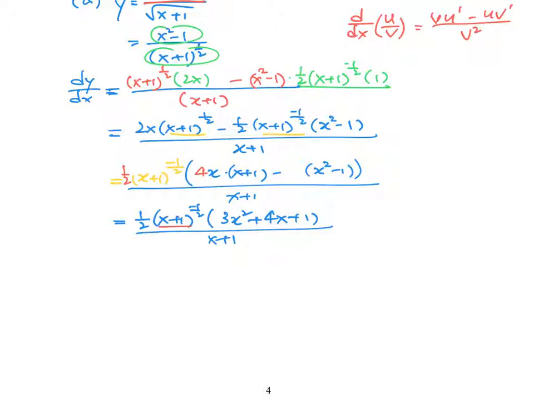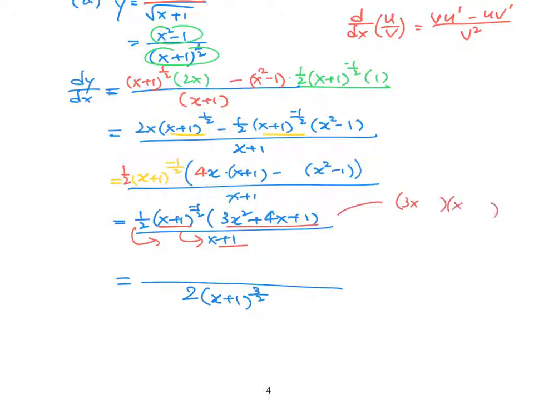Okay, these two can be put together, and I move the 1 over 2 to the bottom as well. So 2 moves down, and then x plus 1 becomes power 3 over 2. For this one, you can try to use the cross method to see whether there are any more simplifications.